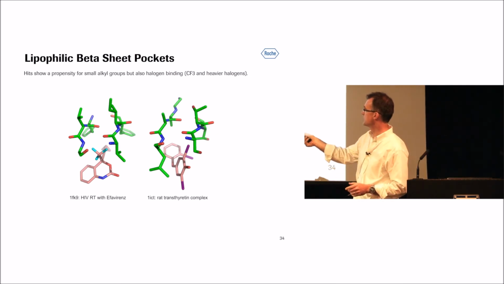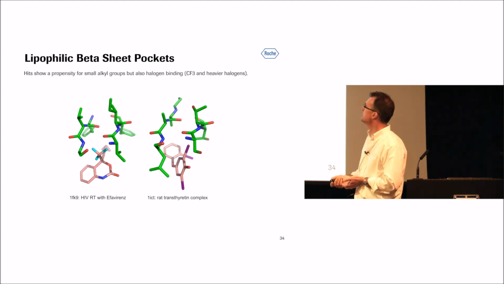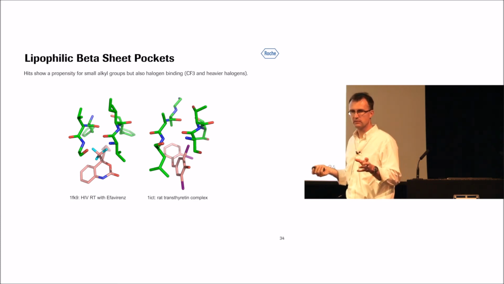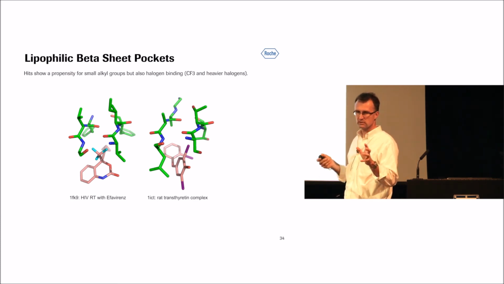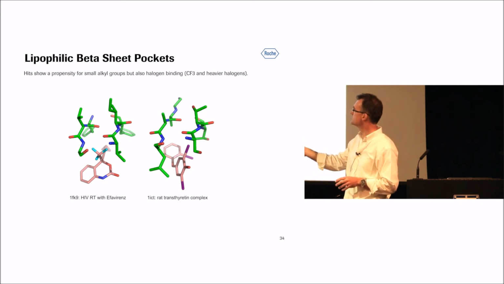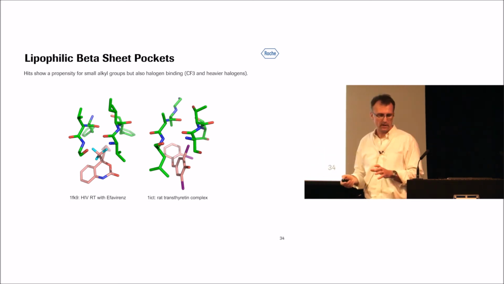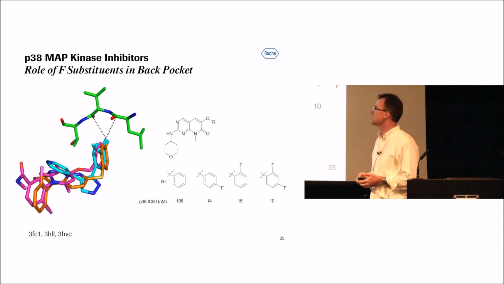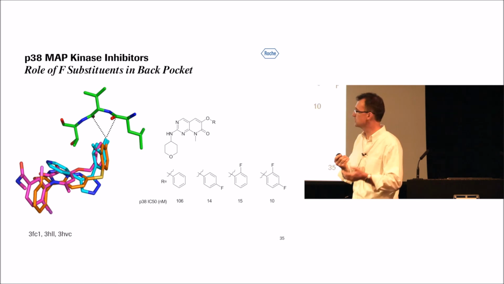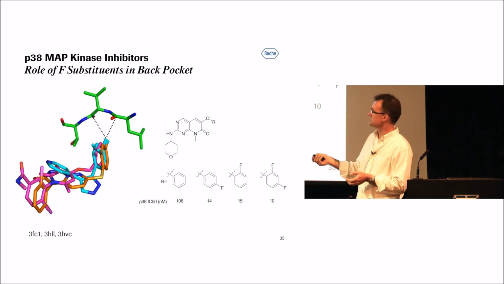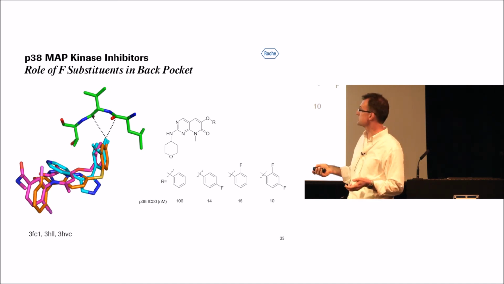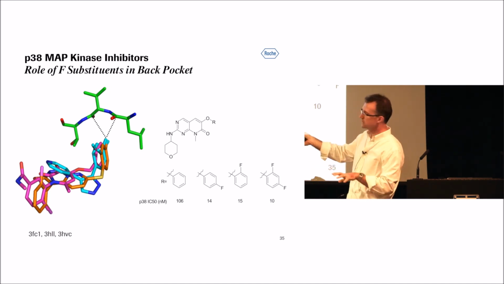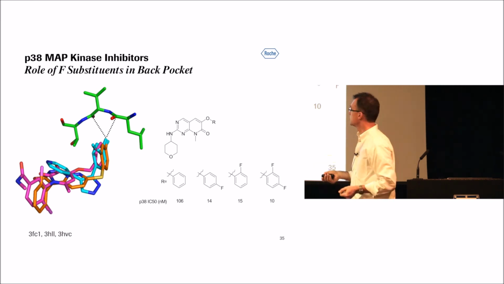For instance, HIV-RT has this feature, the rat transthyretin complex. And there's a certain preference that you see very quickly for halogen-substituted lipophilic moieties pointing into that bay area. I don't have the statistics here, but it's interesting because that kind of feature came up in earlier analysis, and also Klaus Müller did work about fluorine interactions, where this is now an overlay of a number of p38 MAP kinase complexes where you have these substituted phenyl rings pointing into the back pocket, which is behind the gatekeeper residue.